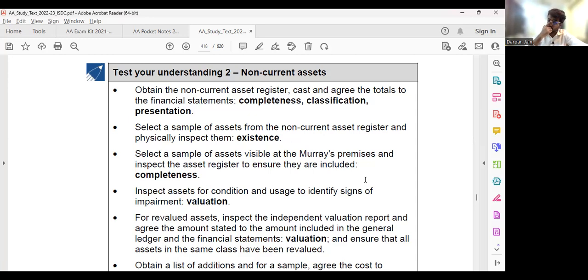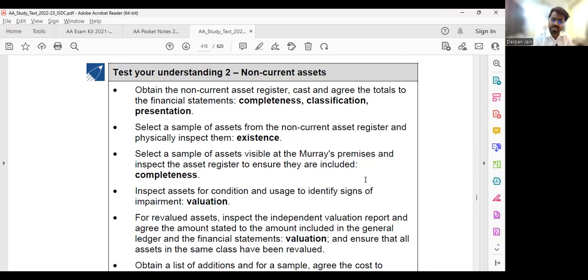So you will obtain what first? You will obtain a breakdown of all the different fixed assets. Where is that breakdown? That is there in the non-current asset register. So rather than writing obtain a breakdown of all the non-current assets, you can just write obtain non-current asset register, because that non-current asset register is nothing but the breakdown, right?